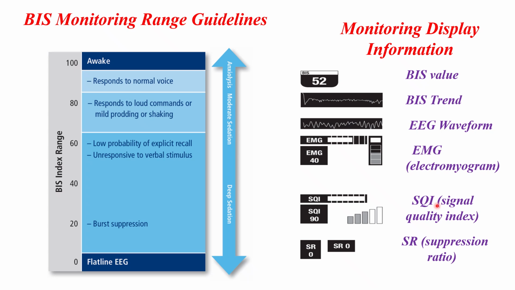A high SQI means good signal quality. A low SQI suggests poor contact or interference, which could compromise BIS accuracy. Another is the SR, or suppression ratio. The suppression ratio shows the percentage of time in the recent past that the EEG signal was suppressed, indicating very deep anesthesia or brain inactivity.